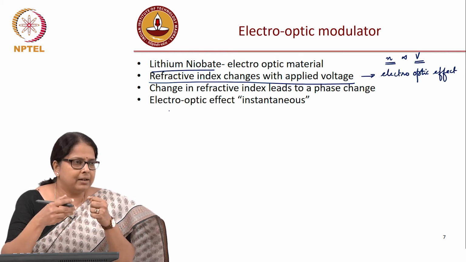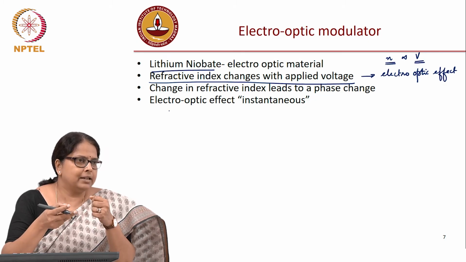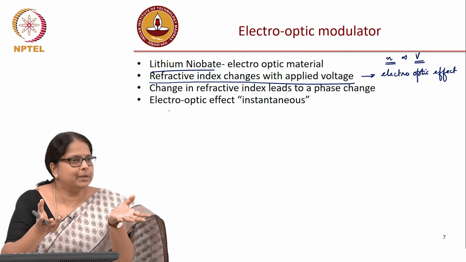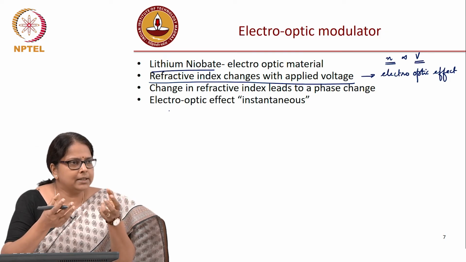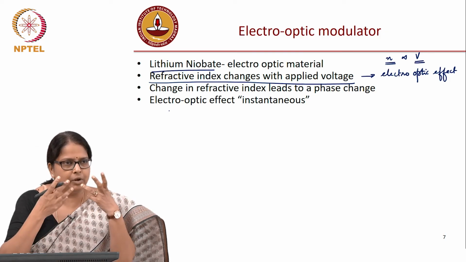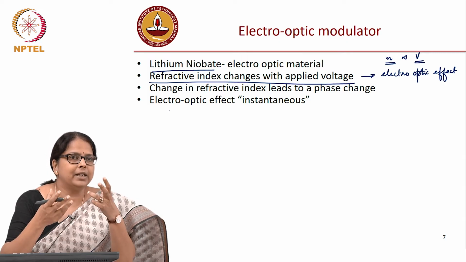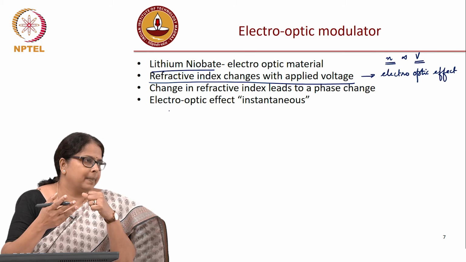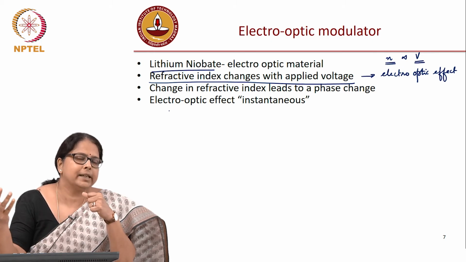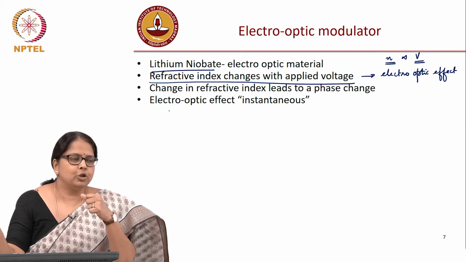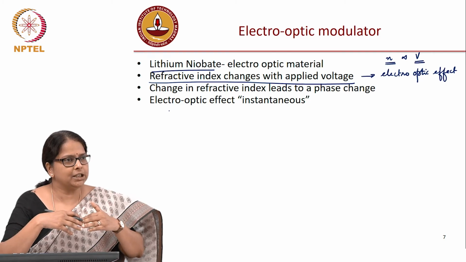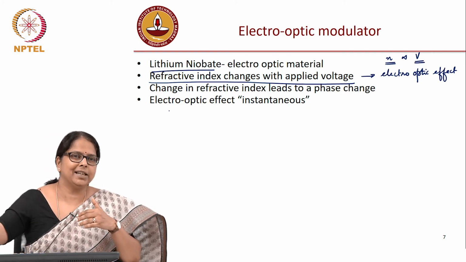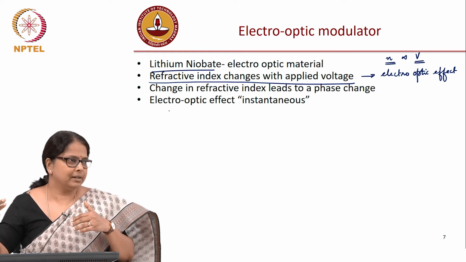So, chi changes, and what is chi? Susceptibility changes, and because it is the atoms that are responding, they respond at time scales of 10 power minus 16 seconds, of the order of femtoseconds. So, so long as your modulation is in gigahertz, you can say 10 power minus 16 is like instantaneous, right.